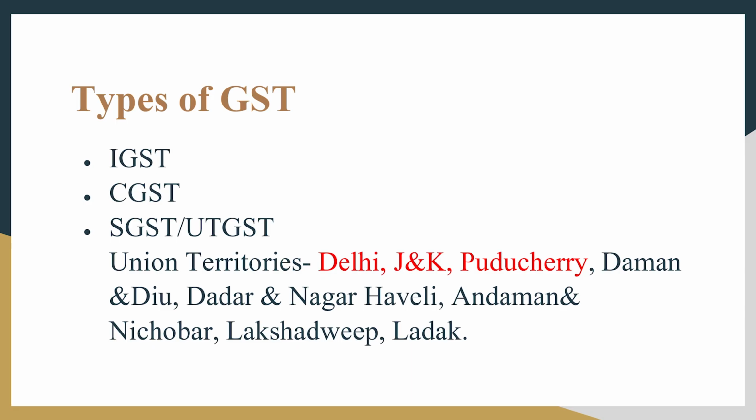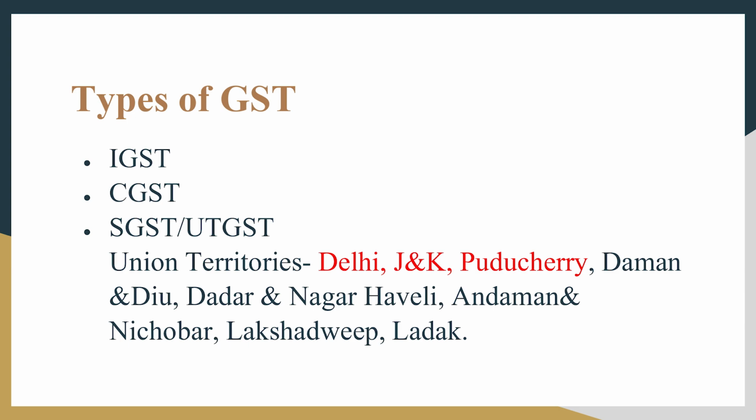In types of GST, there are three types: IGST, CGST, and SGST or UTGST. What is the full form of IGST? Integrated Goods and Services Tax. And when is it levied? If the supply takes place between two states, we call it interstate supply.